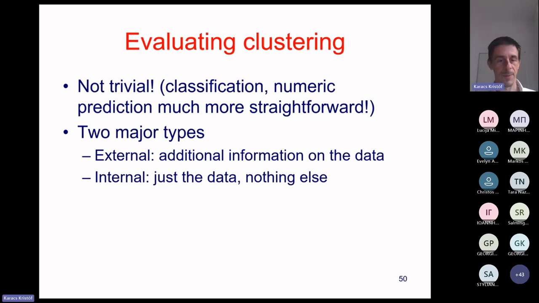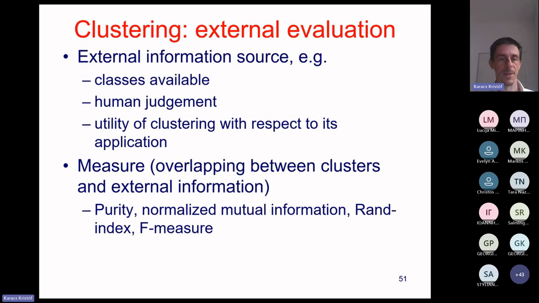Or, okay, we'll discuss this later. And the other approach is that we don't rely on additional information, and just really, based on whatever is the output and the input of the clustering algorithm, we try to come up with some measures. So the easier one, of course, is the external one. So let's start with that.